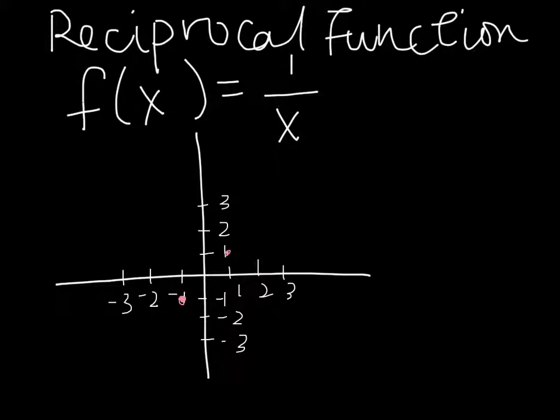Now if x were 2, 1 over 2 is 1/2. So there would be a point here at 2, 1/2. Same goes for if x is 1/2. There would be a point here up at 2. So you can kind of see that the function looks a little something like this.